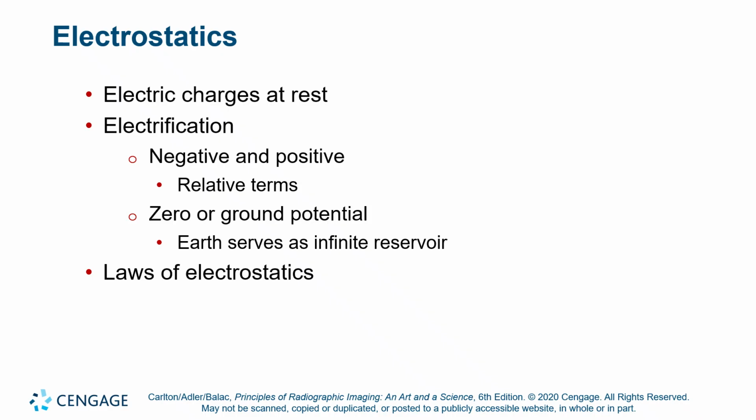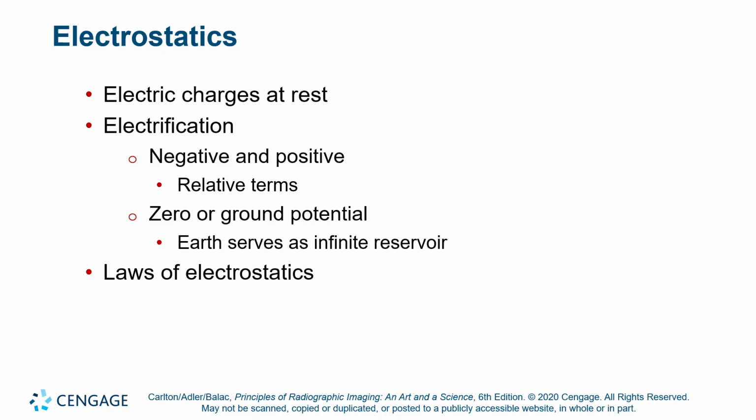And then there is another atomic particle that we call the proton, and we assign it an opposite charge to the electron in order to explain some of its behavior. Okay, and so that's what they mean by relative terms. We could just as easily have made the electron positive and the proton negative, and it would work the same. The important part is the electron and proton are oppositely charged. The common convention is the electron's negative, the proton's positive.